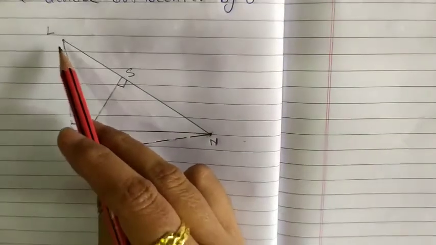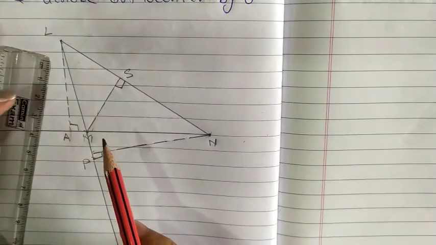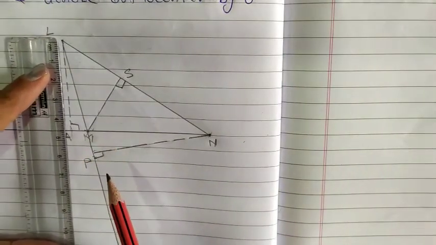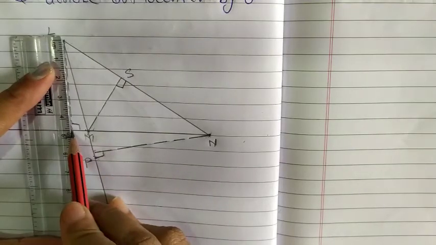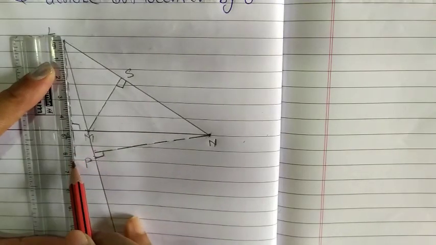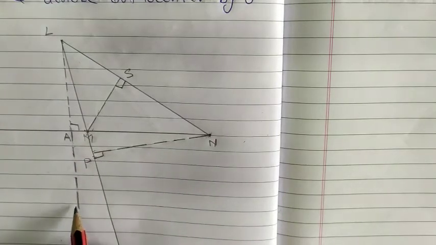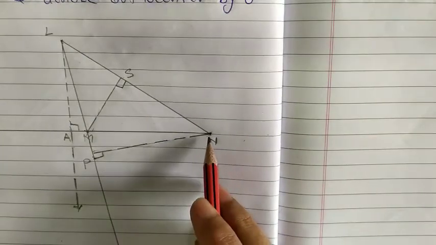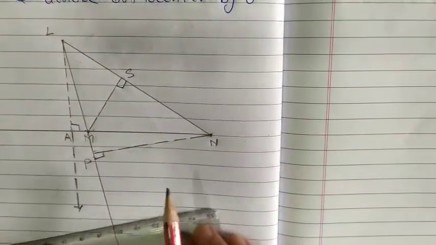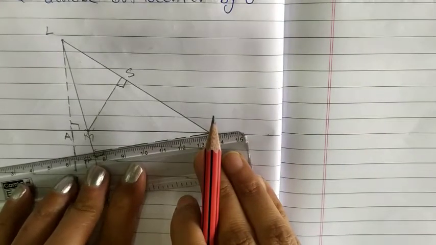Now we are extending the altitudes. First altitude, that is LA, we extend like this. Second altitude, that is NP, extend the altitude.